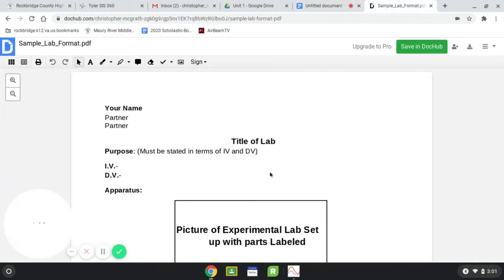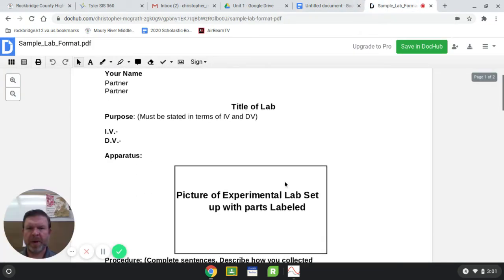Okay, so let's see, what's next? The apparatus. I can put a picture of the apparatus. So how am I going to do that? Let me see if I can do this real fast for you. I've got the ball.